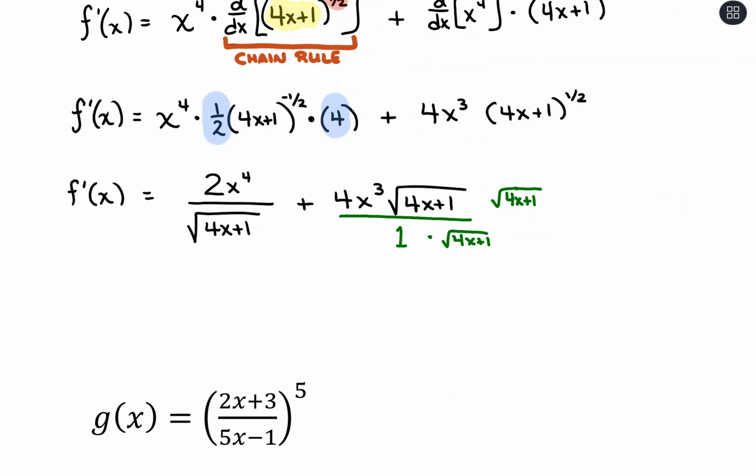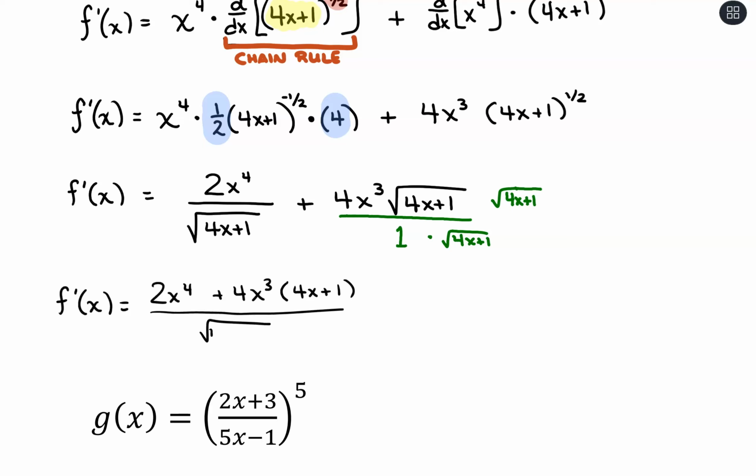And this actually makes for a nice combination in the numerator, because I'll have 2x to the 4th plus 4x cubed, and now that's multiplying with a root 4x plus 1 times root 4x plus 1, which just changes to a 4x plus 1. We lose the radical completely in the numerator. And then that'll be over root 4x plus 1.